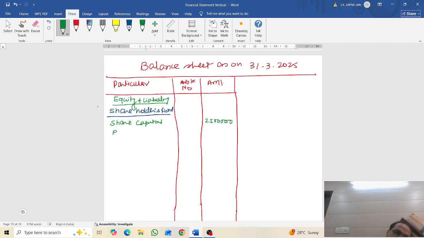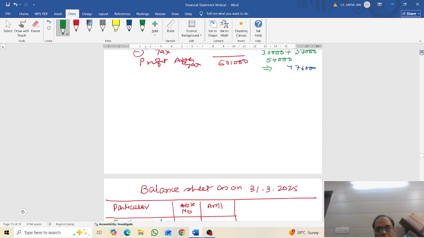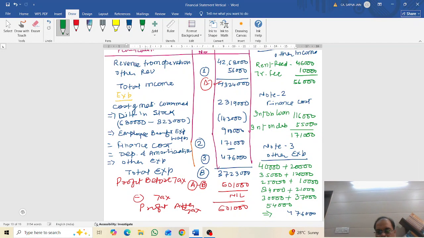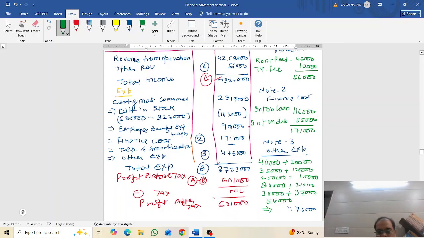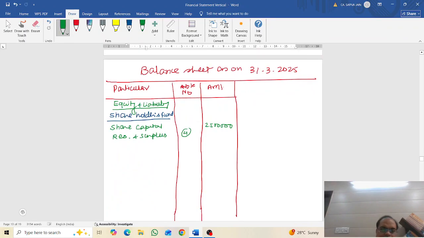Number second is reserve and surplus. So now prepare note number 4 for reserve and surplus.